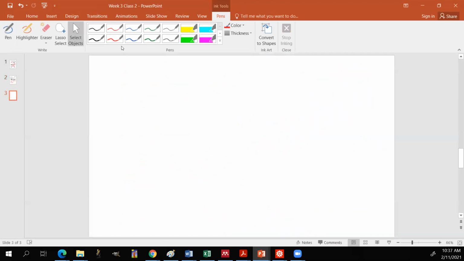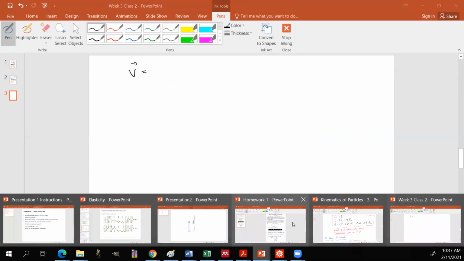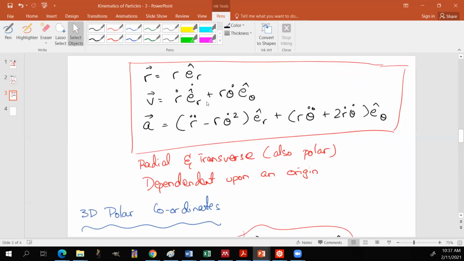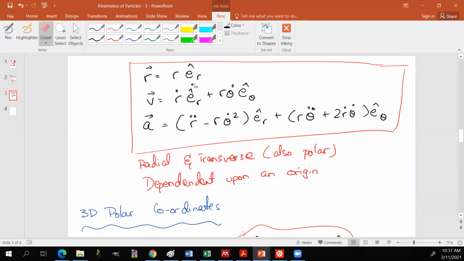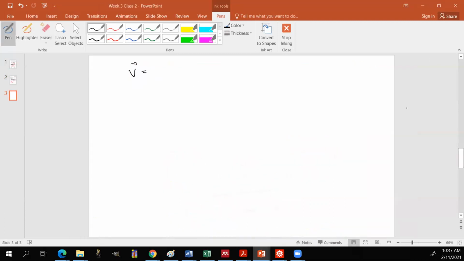We can write velocity as r dot times e_r plus r theta dot times e_theta, like that, right?